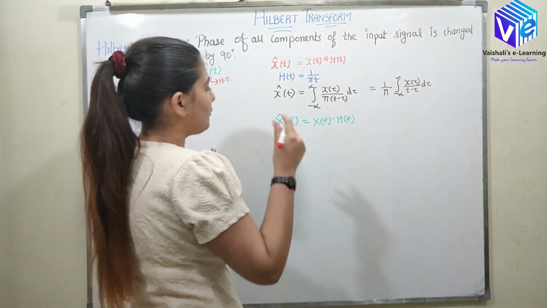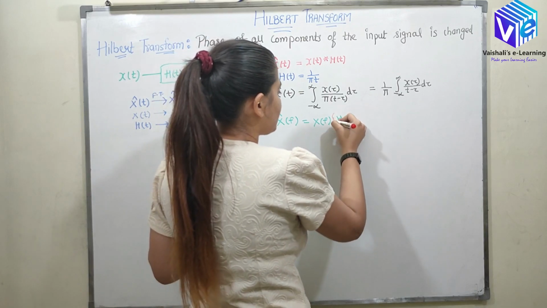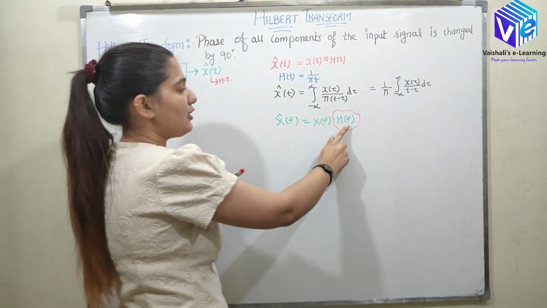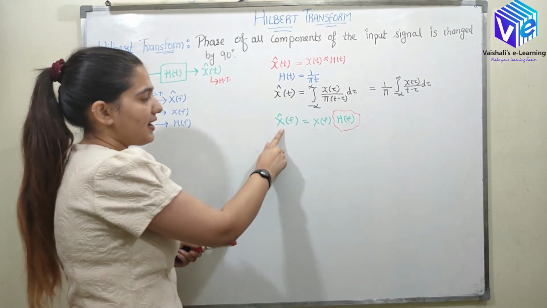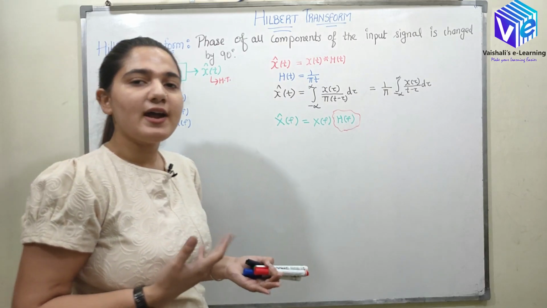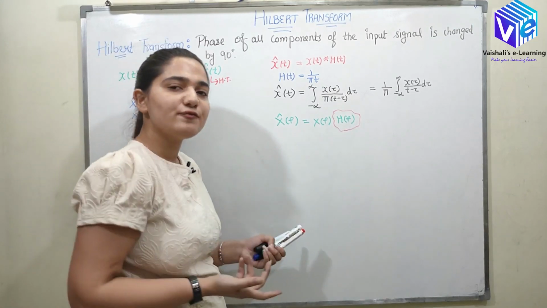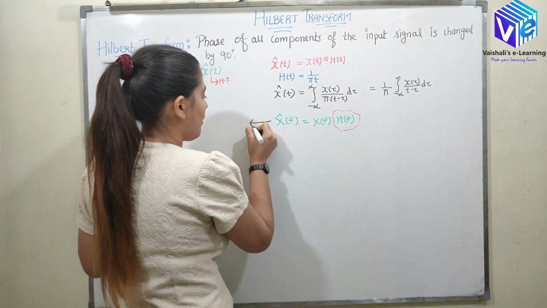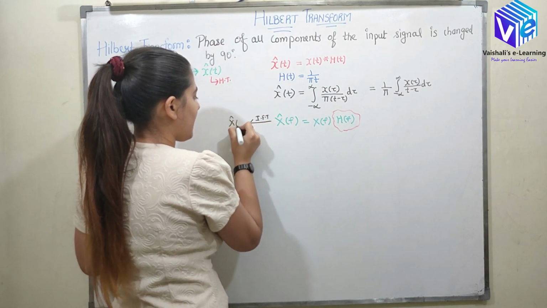Now I know this formula. If I know h(f), I can multiply it with the signal in the frequency domain and find x cap of f. After that, to find the signal in the time domain, I can take the inverse Fourier transform, which will give me x cap of t.